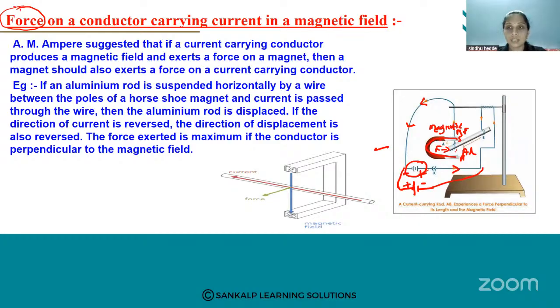Because when current flows through this aluminum rod, a field is generated, which means this conductor has some magnetic property, and again one extra magnet is placed here. So both magnets exert some force on each other. That is the meaning. So this is the concept: force acts on a conductor carrying current when the magnetic field is generated. Got it clear? The aluminum foil shows displacement, which means there must be some force exerted here.